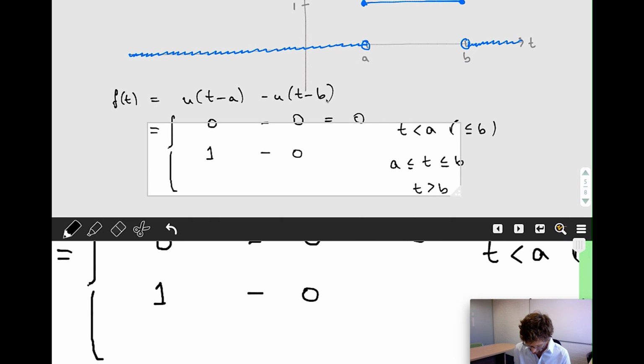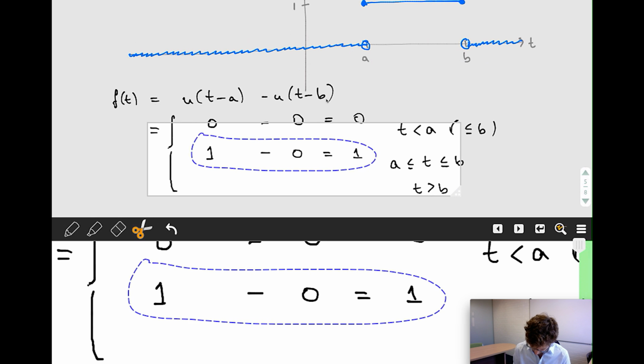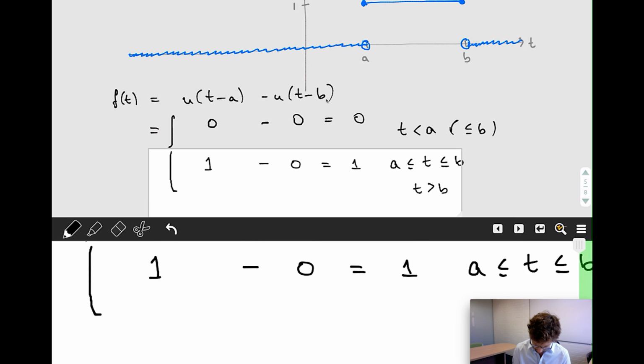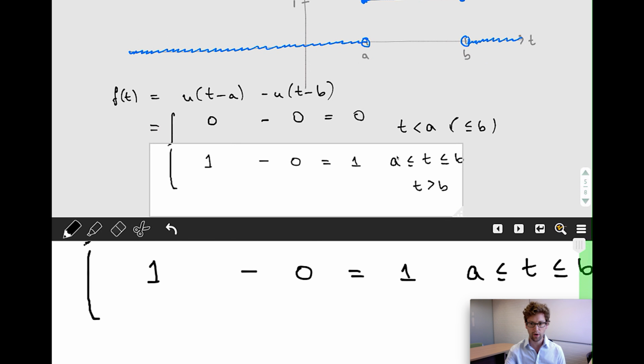So we get 1 minus 0 is equal to 1. Last one. We've got t is greater than b. So t minus a will definitely be a positive number because t is bigger than b and b is bigger than a. And t minus b will also be a positive number. So we're going to have 1 for each of these two Heavisides. I get 1 minus 1 is equal to 0.